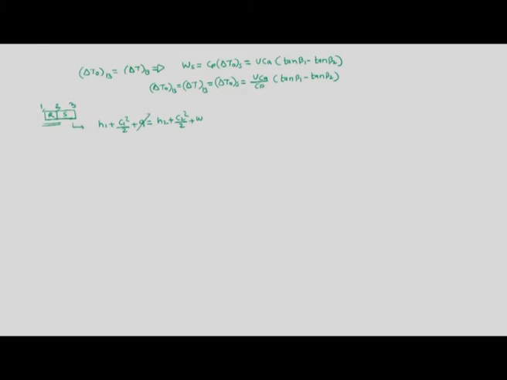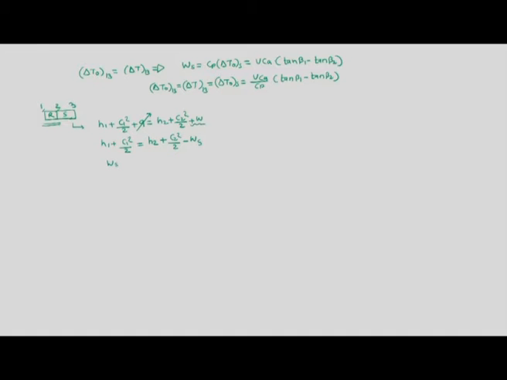But this is an adiabatic process, so Q is not there. Further, this W is received by the system, so we have H1 plus C1 square by 2 is equal to H2 plus C2 square by 2 minus W stage.